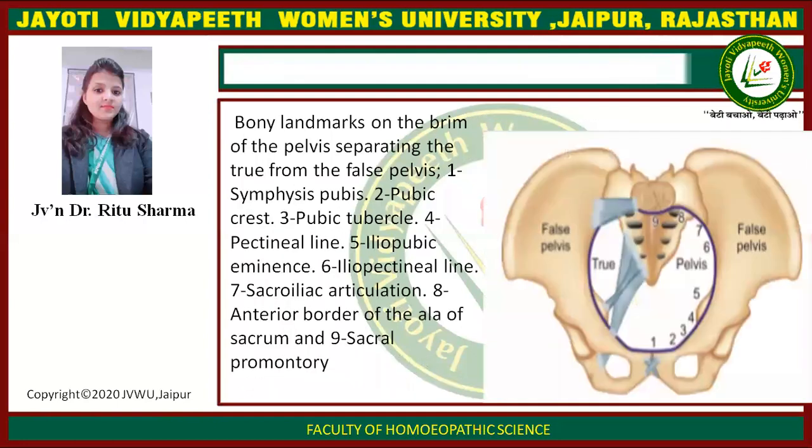The inner part is called the true pelvis and the outer the false pelvis. These are the bony landmarks on the brim separating the true pelvis from the false pelvis.